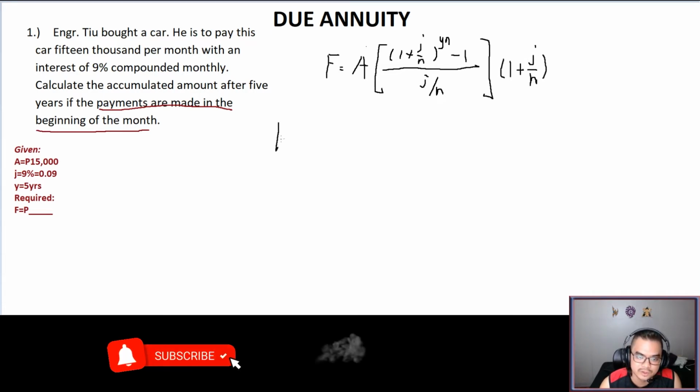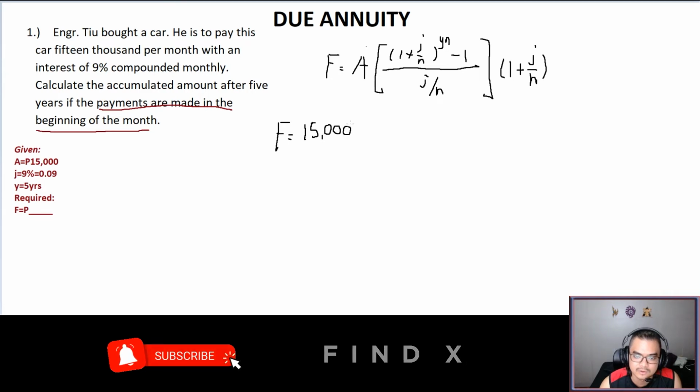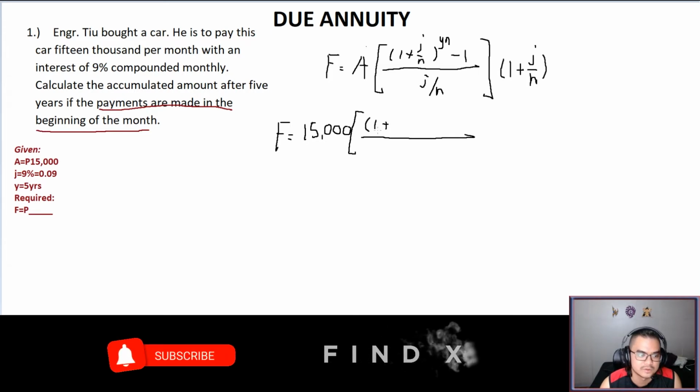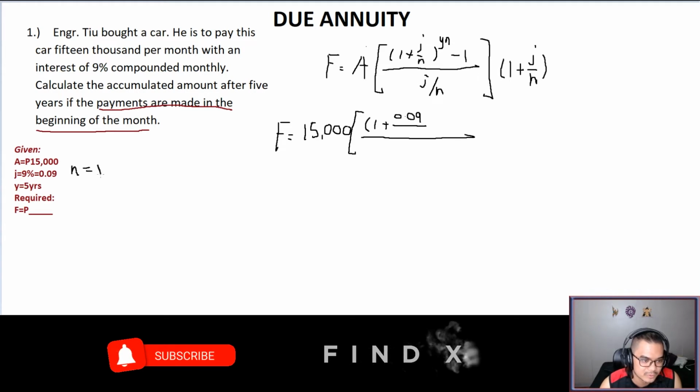Substituting the values, A now is 15,000. Then 1 plus j, where j is 0.09. n is monthly, so we forgot to write here that n is equal to 12.